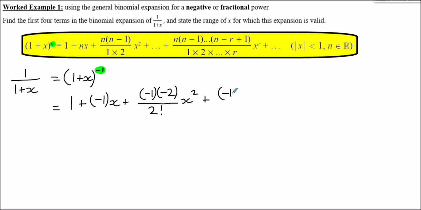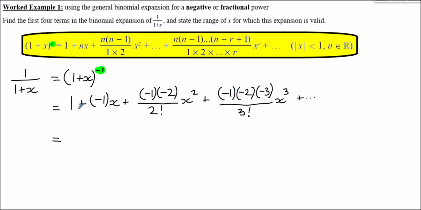And then minus 1, 1 less than minus 1 is minus 2, 1 less than minus 2 is minus 3, 1, 2, 3 terms, so divide that by 3 factorial. That's why I prefer the factorial idea. The number of terms on the top is the same as what we're taking the factorial of. So 3 terms, 3 factorial, 2 terms, 2 factorial. And that's going to be our coefficient of x cubed. Of course it would keep going, but we're just asked for the first 4 terms, so 1, 2, 3, 4, and we're good.